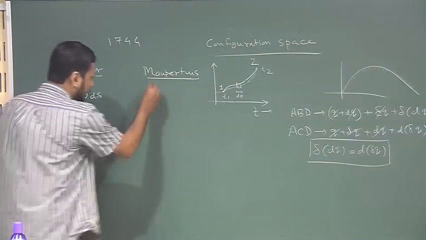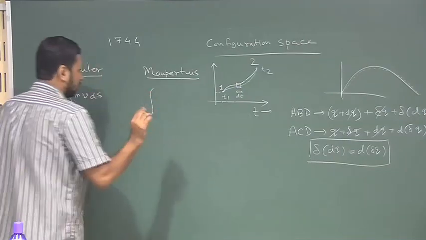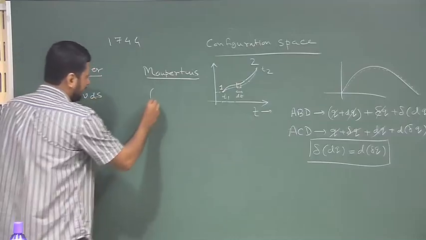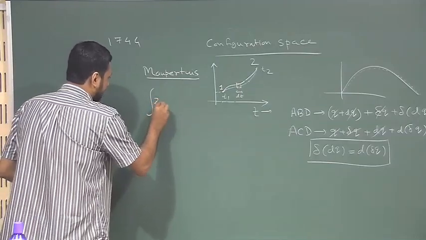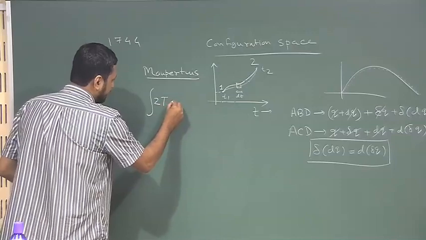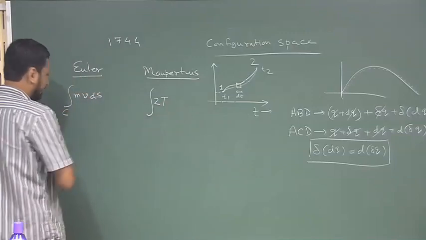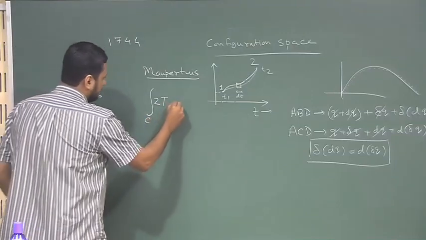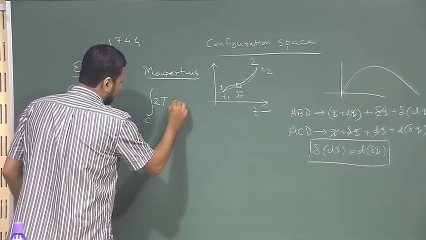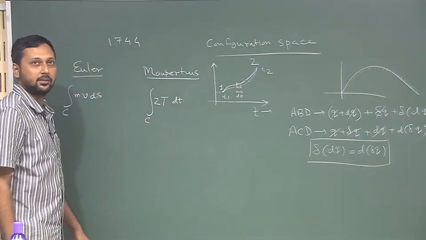Anyway, he said the path which will be taken is the one along which the path integral of 2T dt will be optimized.